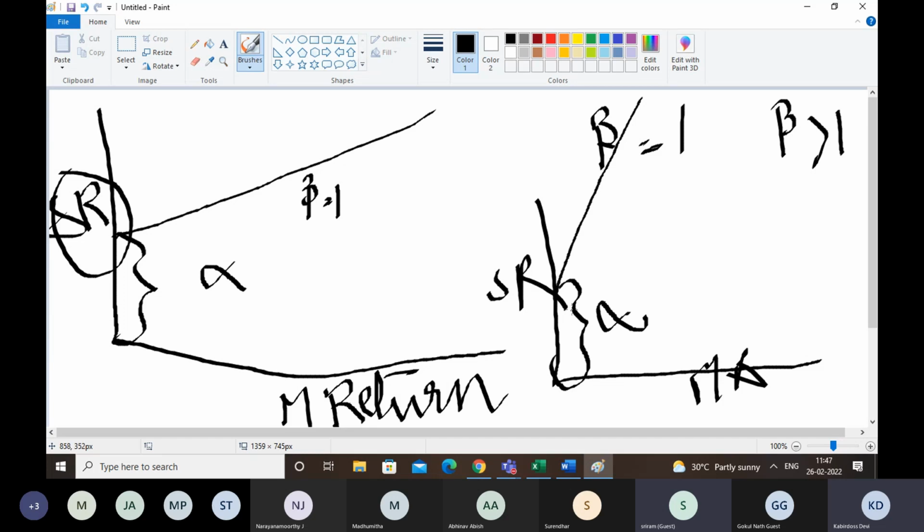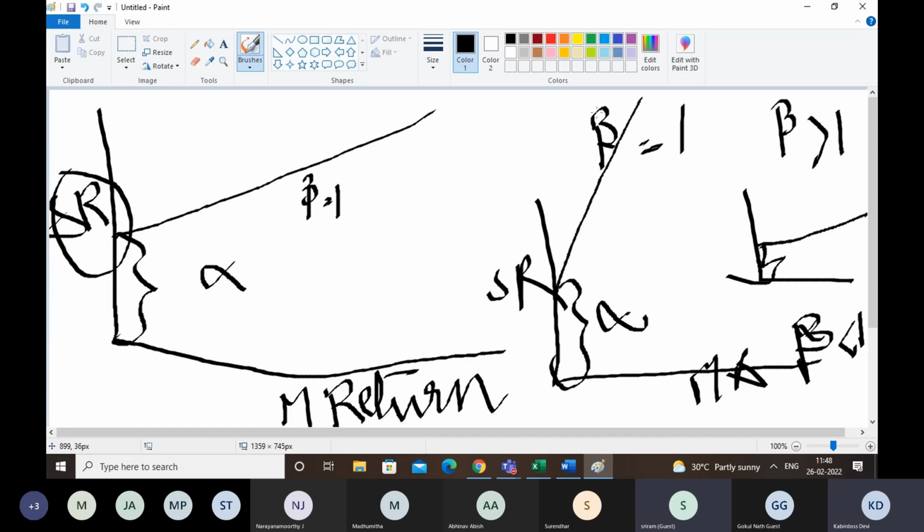And when the beta is less than 1, the value will be almost in line, with only a minor difference. So this is almost on the line where the risk is very less, and this is steep where the return is high and it is not in line with the market. So this one you need to understand.